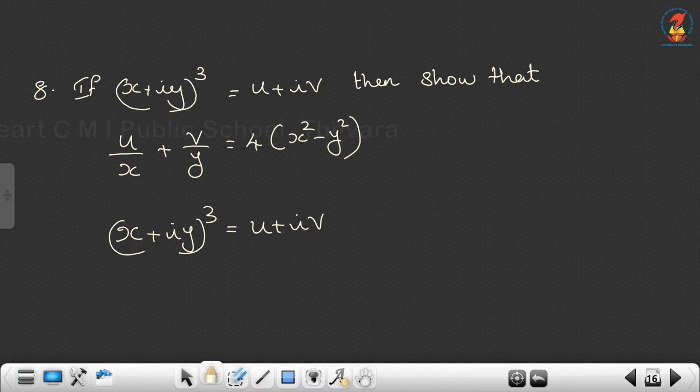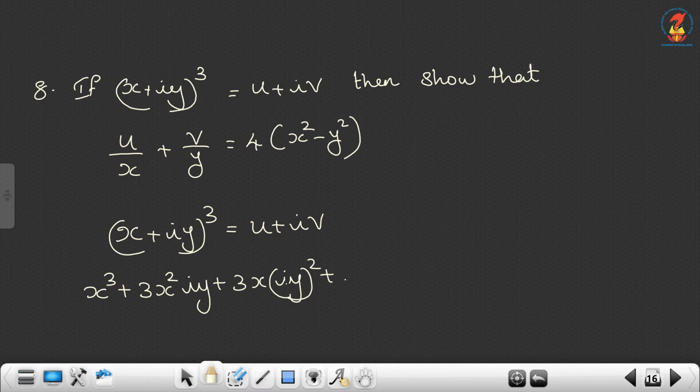Expand this: (a + b)³ is a³ + 3a²b + 3ab² + b³, equal to u + iv.